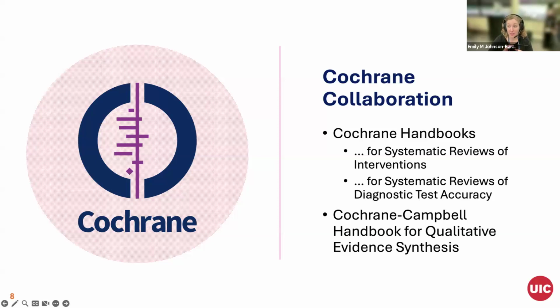The Cochrane collaboration has produced many different products in order to address that, including the Cochrane library, which UIC does have access to. And that also has the clinical answers, trials, as well as the collection of systematic reviews.